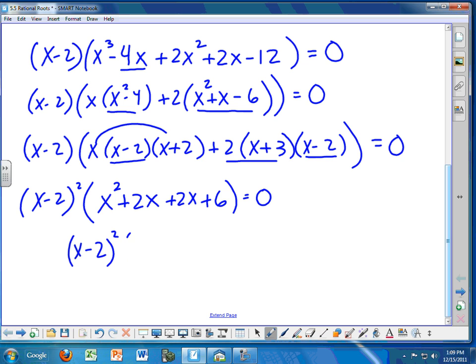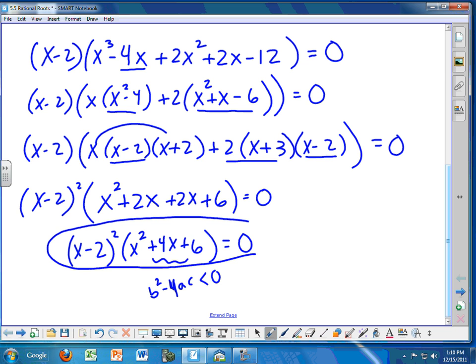I believe the x squared plus 4x plus 6 is going to have only complex solutions here, and that's because the b squared minus 4ac is going to be less than 0. That's a 4 there. And because of that, we're going to have a complex solution here, and so our only real solution will be 2.